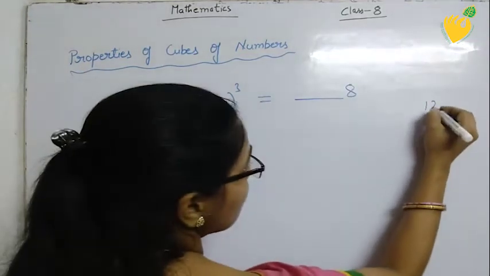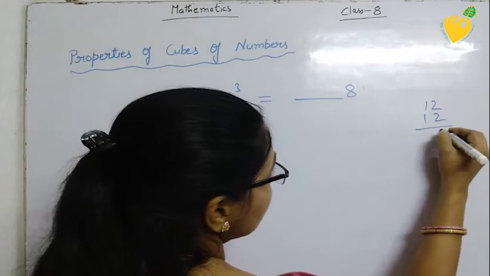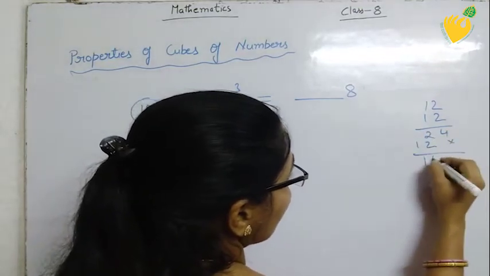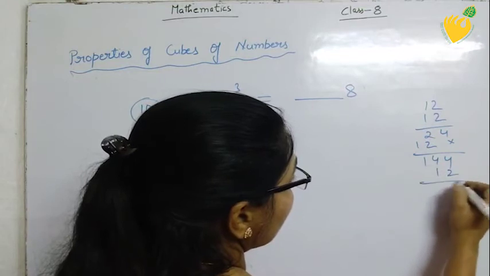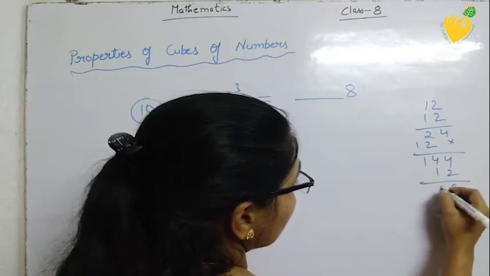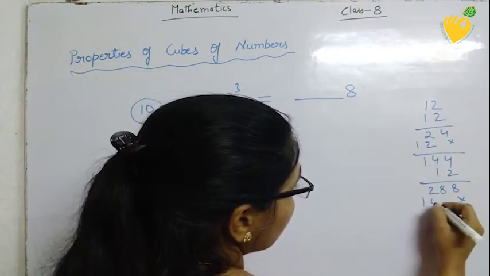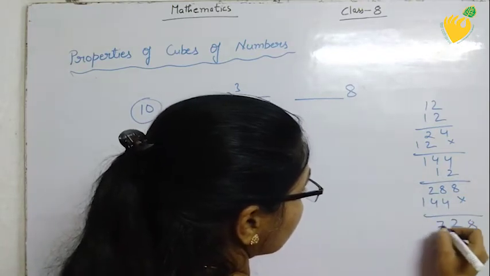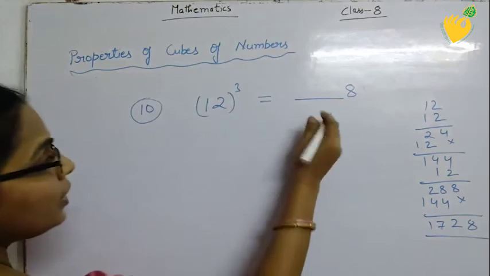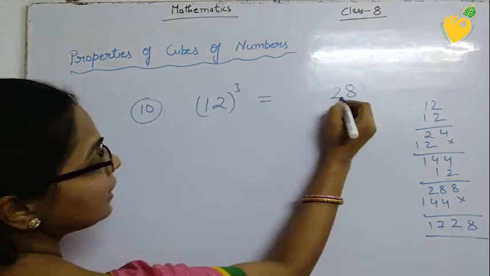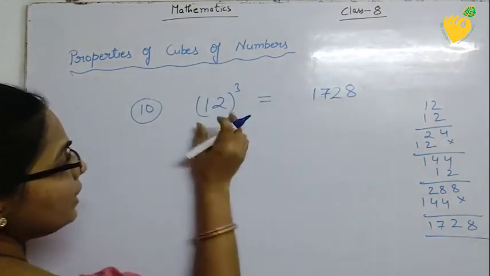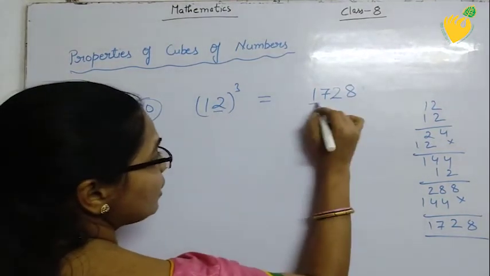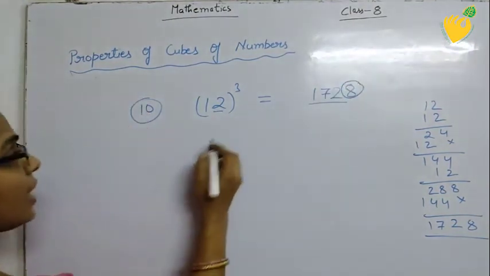If you want to check it, you can check it also. 12 12 is 144, again multiplied by 12. So we can easily see that any number which ends with the digit 2, then the cube of that number will end with the digit 8.